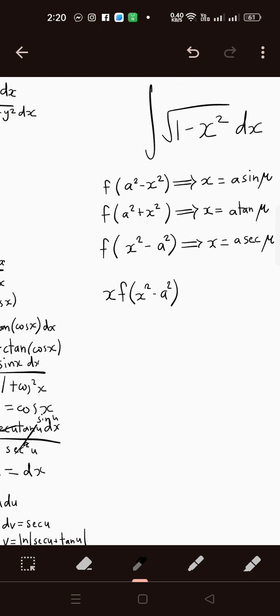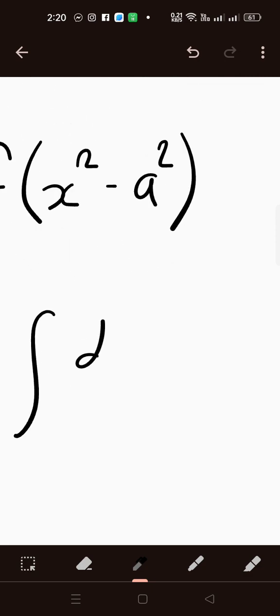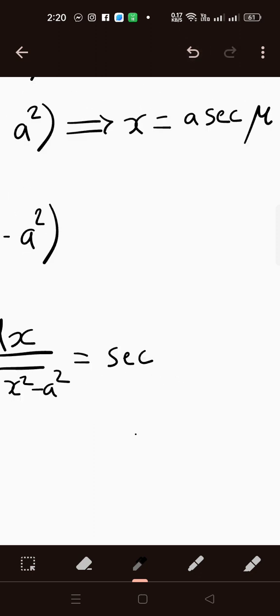That's obvious from the fact that the integral of dx over x square root of x squared minus a squared is equal to 1 over a arc secant of x over a plus c.